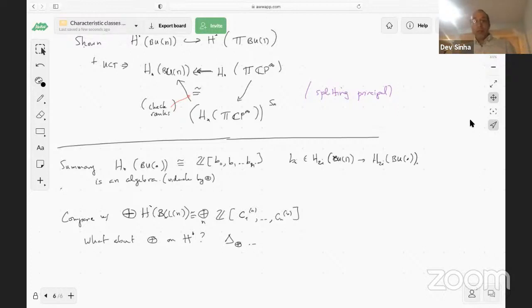So what about this coproduct? Well, this product is the direct sum. So this would tell us what happens to, let's write it down, Cm in component n under direct sum.